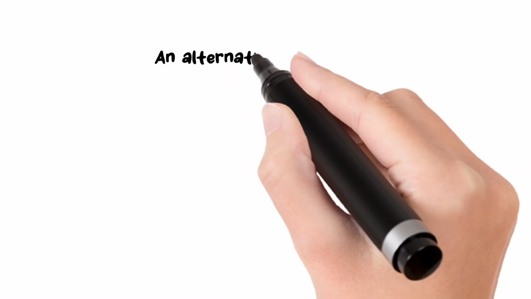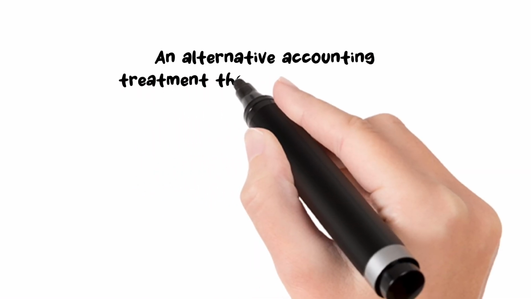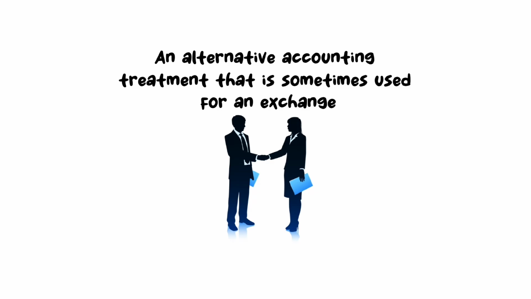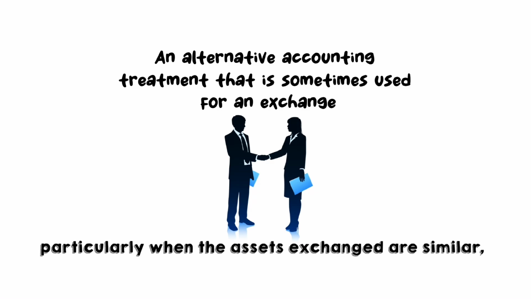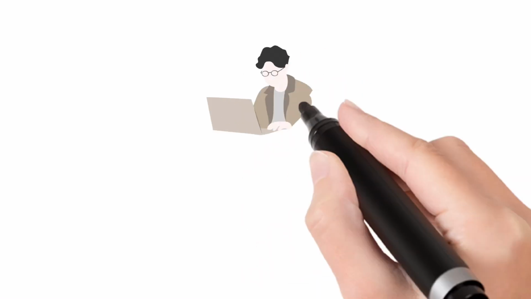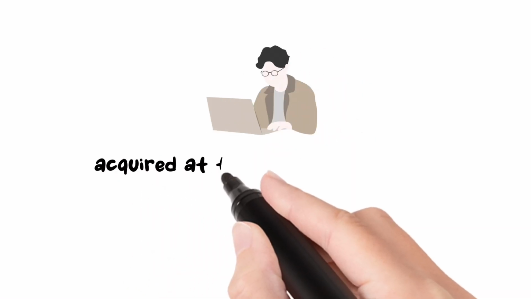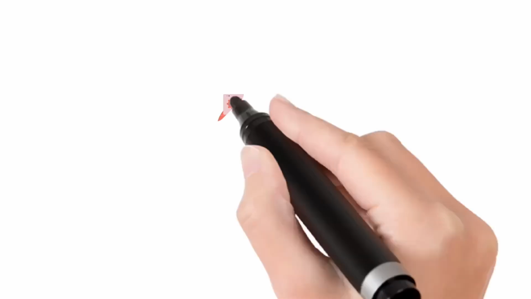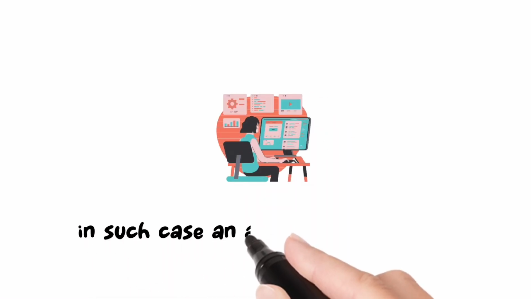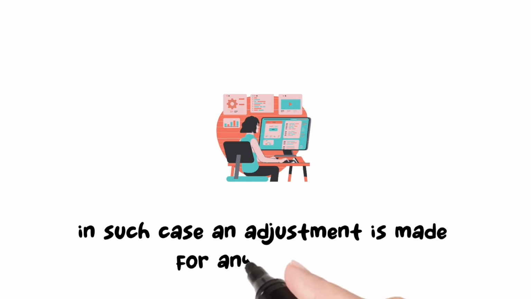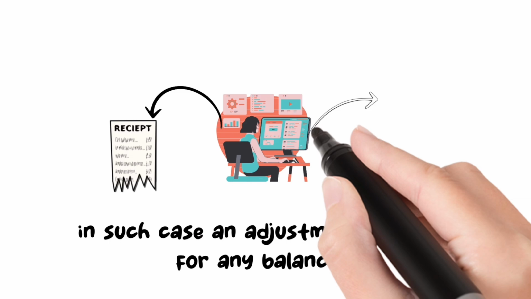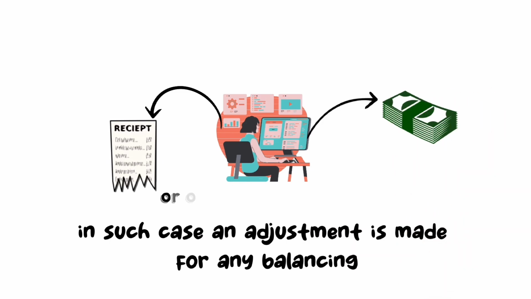An alternative accounting treatment that is sometimes used for an exchange of assets, particularly when the assets exchanged are similar, is to record the asset acquired at the net book value of the asset given up. In such a case, an adjustment is made for any balancing receipt or payment of cash or other consideration.